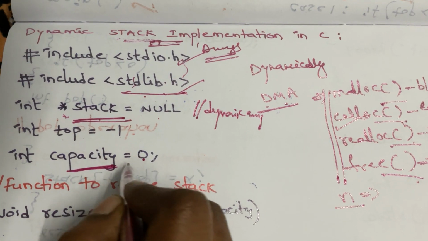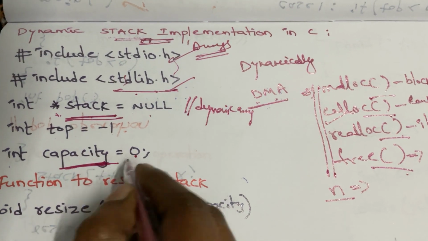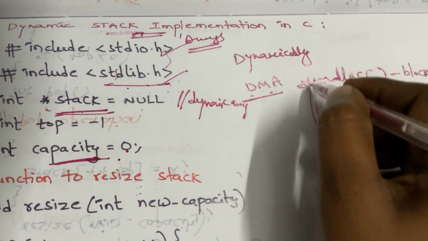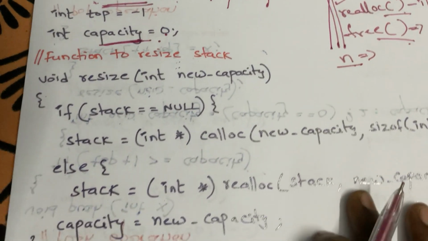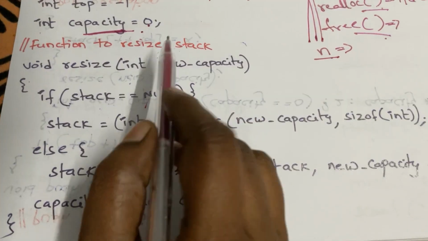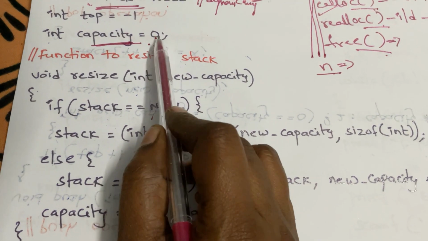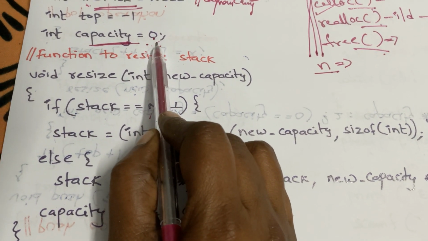I have not created capacity to store a value. I told you this capacity has to be created through these memory management functions. Now look at how to resize the stack, because capacity is 0 and I have to resize it depending upon the inserted elements.